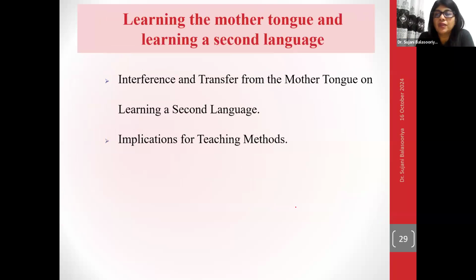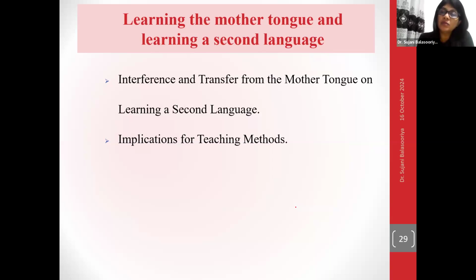Then we come to another area, learning the mother tongue and learning a second language, right? Another sub area. Now, this area is not new, because already we have talked about pull of language, right?